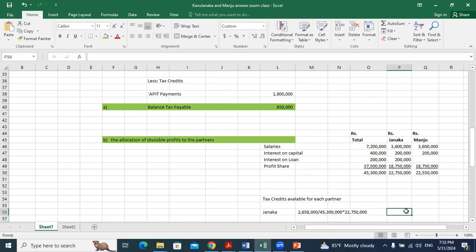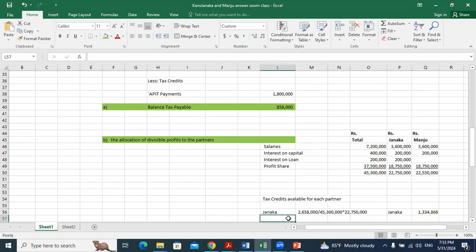So Janaka would get 1 million. Check this calculation. 334,868. This is for Janaka.